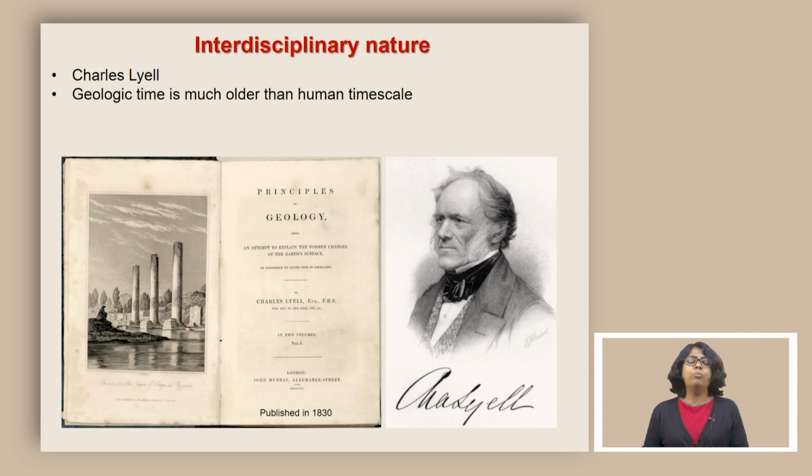His primary argument was that if we look at really large features such as mountains, and we look at the processes that operate today, these processes are so slow, but we also see changes because of these processes. So, the changes in the landform clearly show that there was a mountain before and now there is no longer a mountain, that means the slow process must have flattened down the mountain.